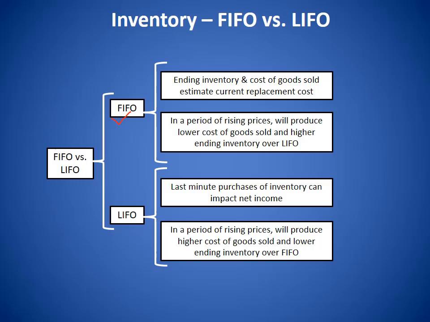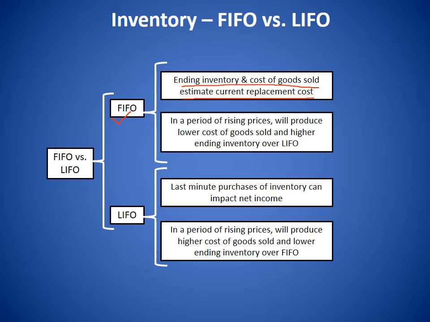Under FIFO, ending inventory and cost of goods sold estimate the current replacement cost of the inventory. So what you're really saying is that the ending inventory and the cost of goods sold represent the most current inventory cost because of the way you're costing under FIFO.